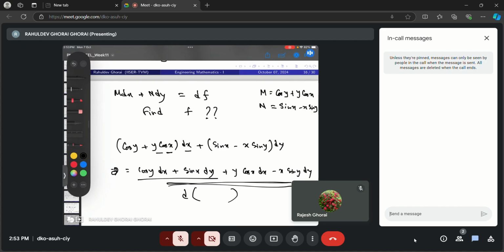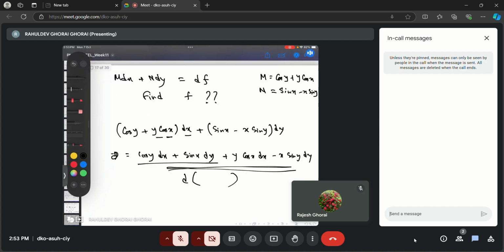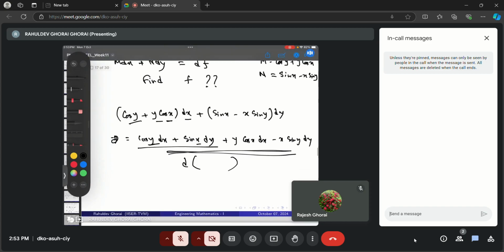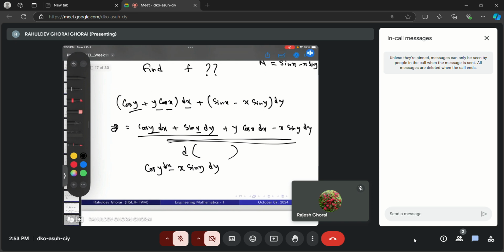That's why I was starting with cos y dx and sin x dy, but that is not a good way to do, because you have cos y and sin x. So you may have to do this as cos y dx minus x sin y dy.